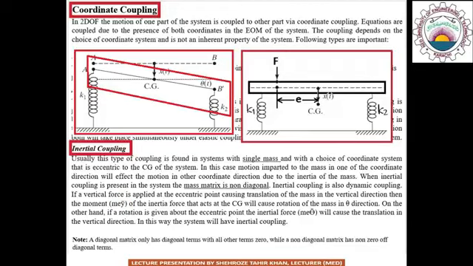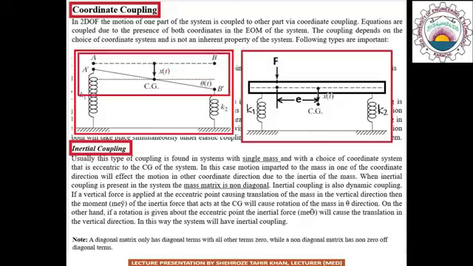Number one, either we press the bar downward with some eccentric load, and this downward movement tends to rotate the bar about its center point, or number two, we intend to rotate the bar about its center point by applying the eccentric load away from the center point of the bar, and the bar also compresses or moves in the downward direction. So in both cases, the system will have inertial coupling.